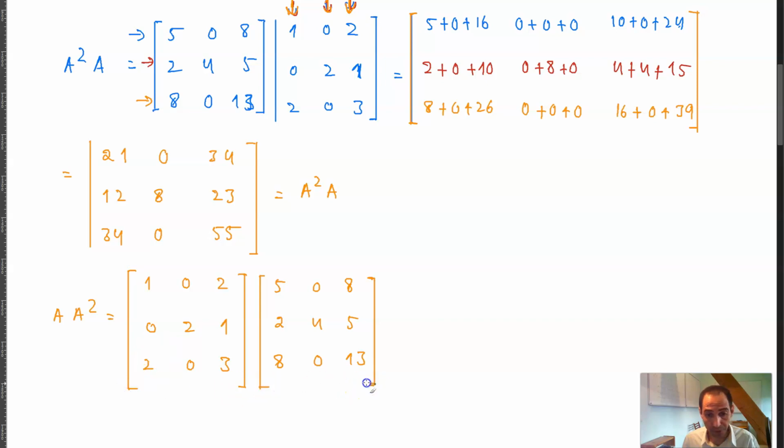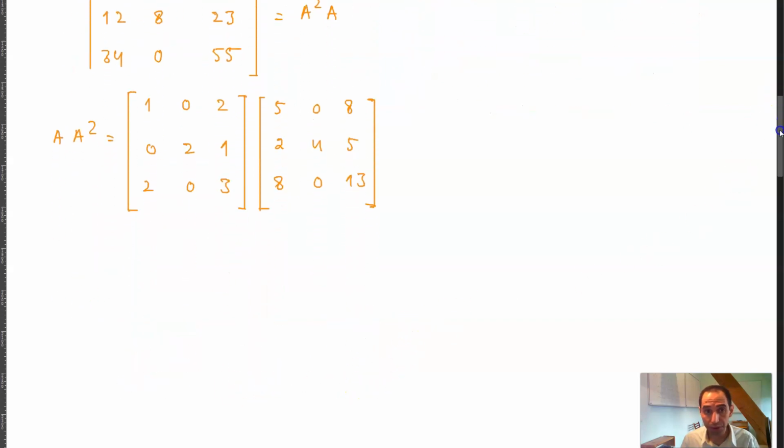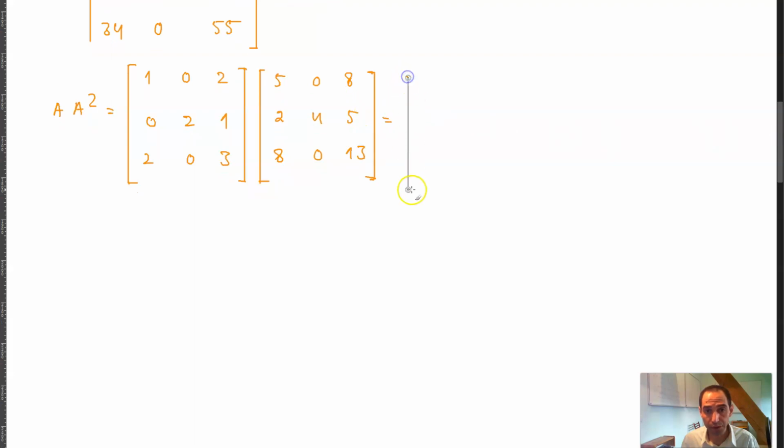And if I do this multiplication, what I will get is basically this row, this column, so it gives me 5, 0, 16, and this column gives me 0, 0, 0. This column gives me 8, 0, 26.